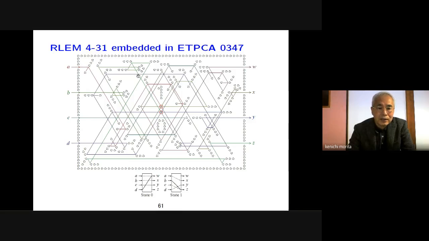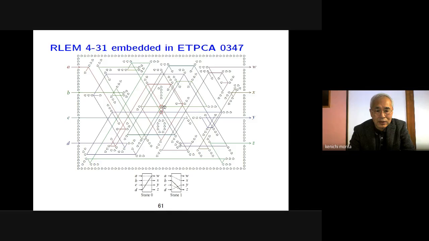This is a complete configuration in ETPCA 0347 that simulates RLEM 431. Around the center of this pattern, there are two small red circles. They show possible positions of a fin. If a fin is at the lower circle, then we assume it is in the state 0.